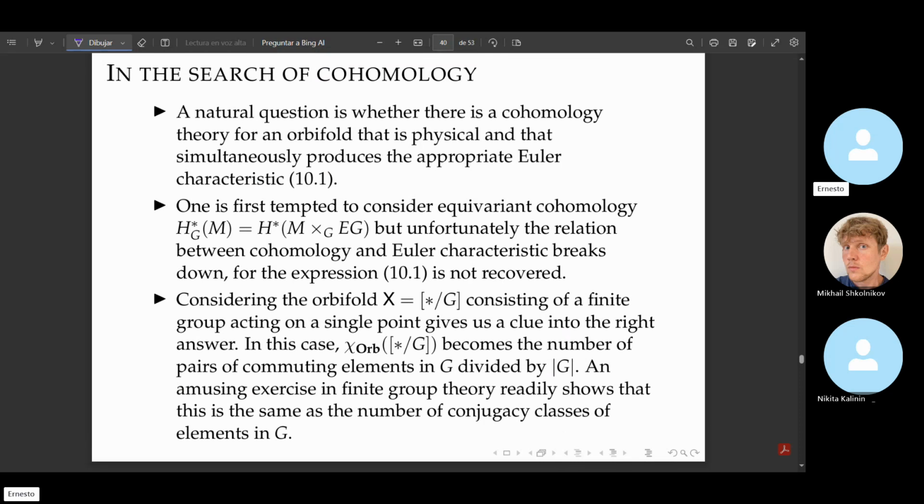Consider the orbifold a point, G acting on a point, consisting of a finite group acting on a single point.